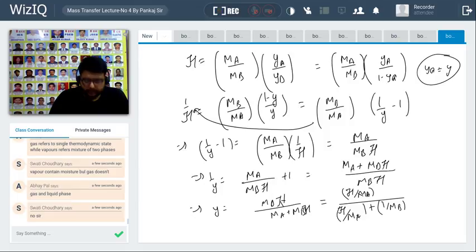This relationship will be used further in deriving the expressions for adiabatic saturation temperature and the wet bulb temperature.